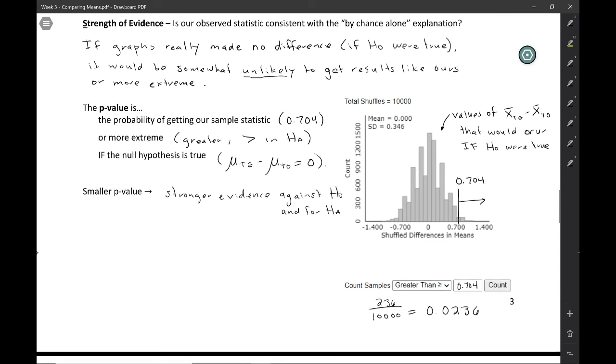So there are different guidelines for how small the p-value needs to be before we would consider it convincing, but a common cutoff is 0.05, that if it's smaller than 0.05, we consider it strong evidence. So I'll use that here.